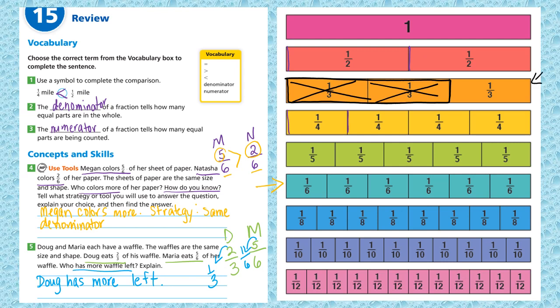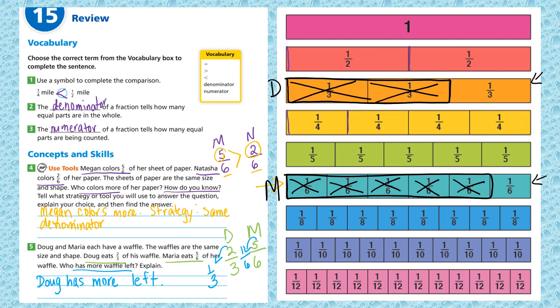And then Maria eats 5/6. So I'm going to go ahead and cross off what she ate. And again, we're focusing on what's left over. So this was Doug, this was Maria, okay?